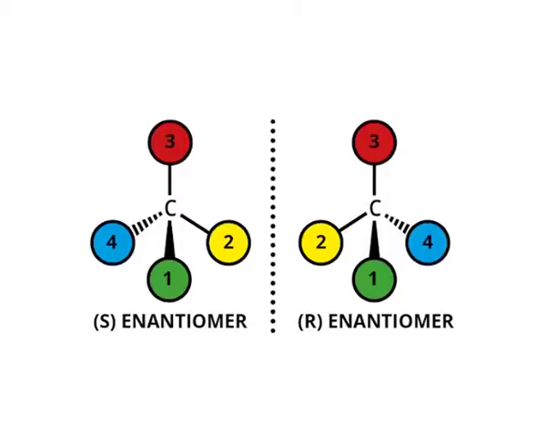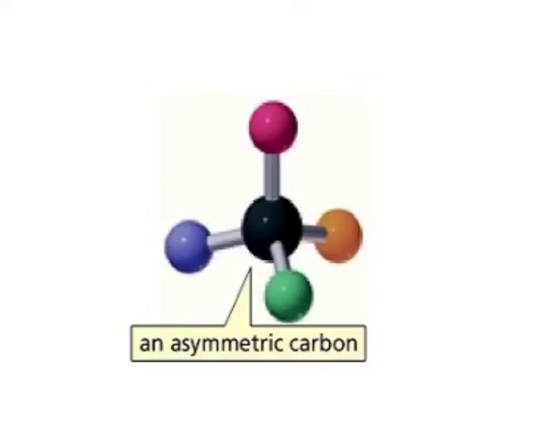So the different types of isomers: a carbon atom that is bonded with 4 different atoms or groups loses all symmetry. When a carbon atom is attached to 4 different atoms, it loses all of its symmetry. How many valencies does carbon have? Anyone of you know? Carbon has a valency of 4 because 1, 2, 3 and 4, and it is often referred to as an asymmetric carbon.